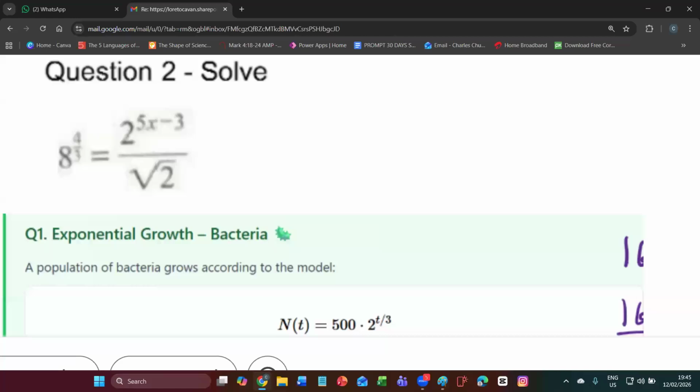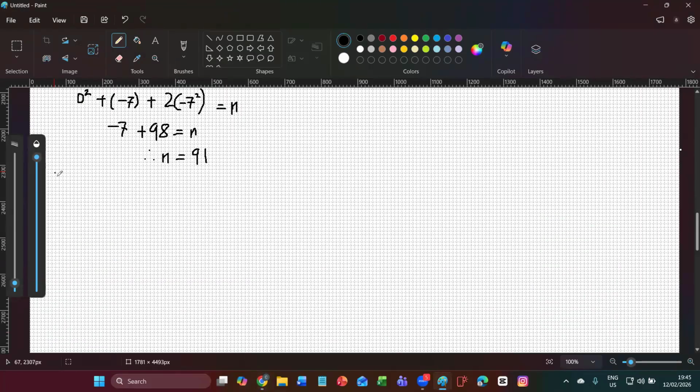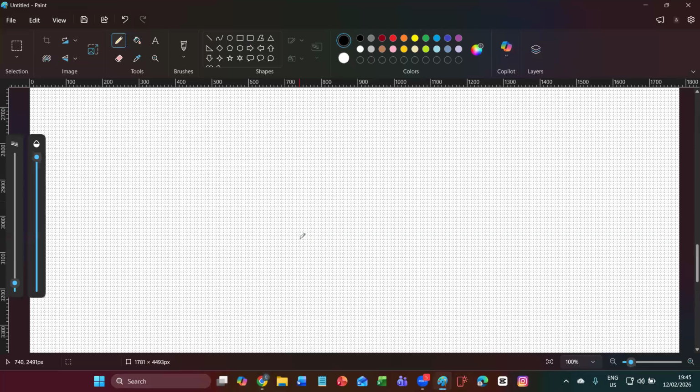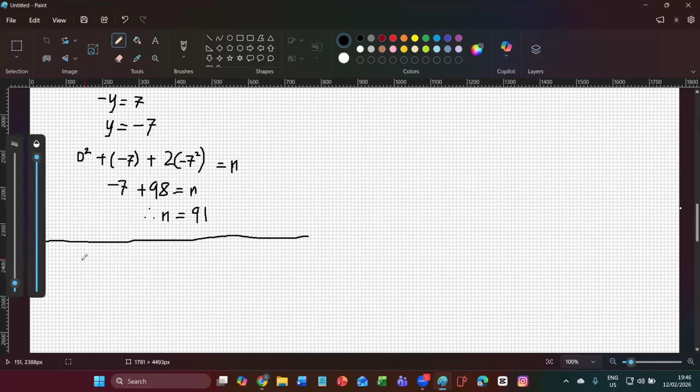So let's solve eight raised to the power of four over three equals what?